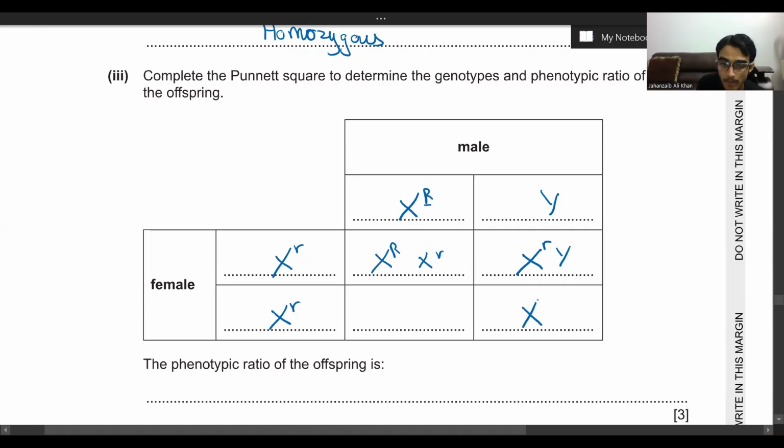Same here. And so we've got two females with the dominant allele or the dominant phenotype, and you've got two males with the recessive phenotype. So the phenotypic ratio is 1 to 1.